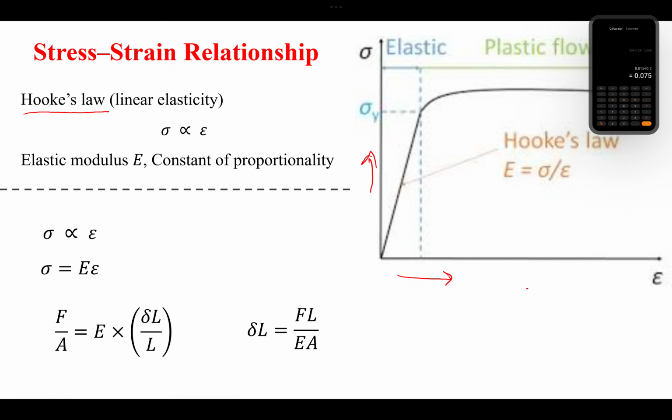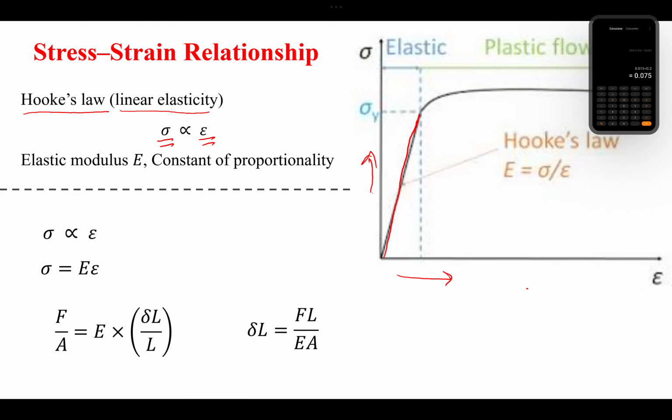Hooke's law states that bodies are initially linearly elastic. Linearly means it gives you a straight line up to a certain point. It's not throughout, but up to a certain point these lines are linear. That's what Hooke's law states, and it says that the stress will be proportional to the produced strain.